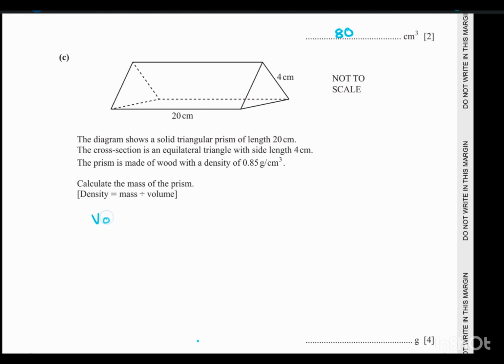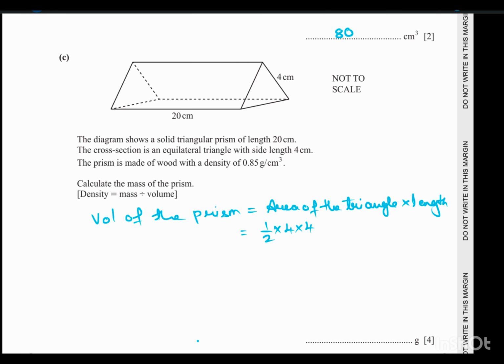So volume of the prism will be area of the cross section, that is area of the triangle, multiplied by the length. So area of triangle will be half into the side, each side is equal, equilateral triangle. So A into B into sine of the angle, which is 60 degrees, into length is 20.